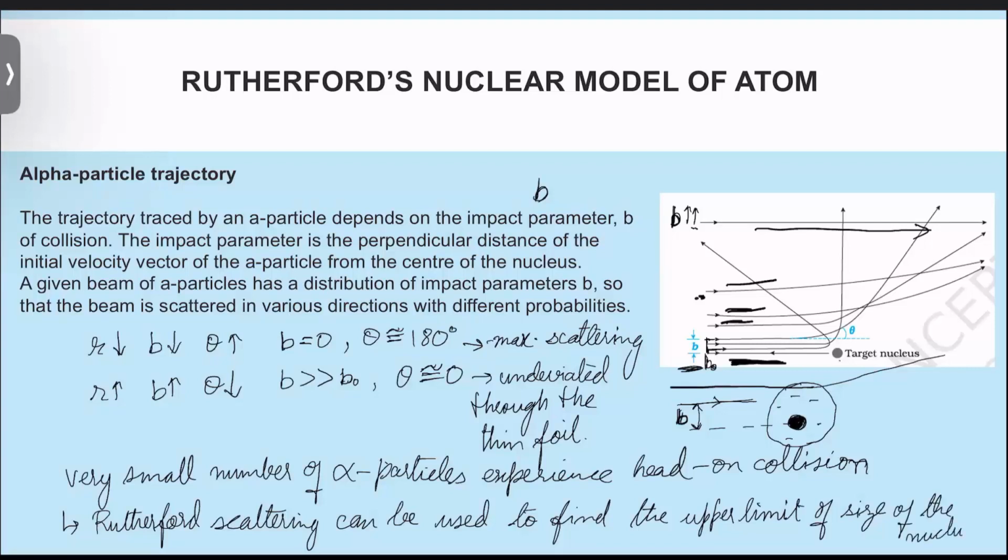We can understand till where the nucleus is extended. Wherever you still find smaller theta or smaller angular scattering, only till there can we say that the nucleus is extending, and the rest of the space is empty space, having the cloud of electrons.